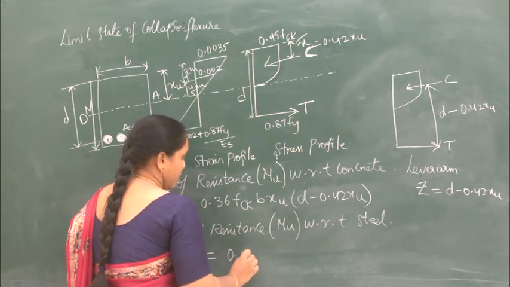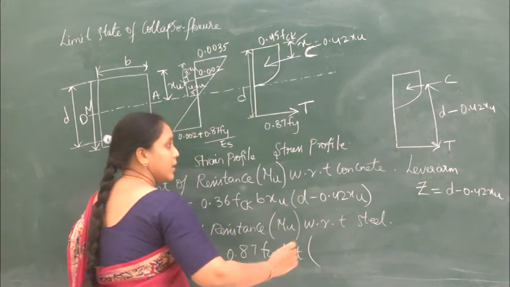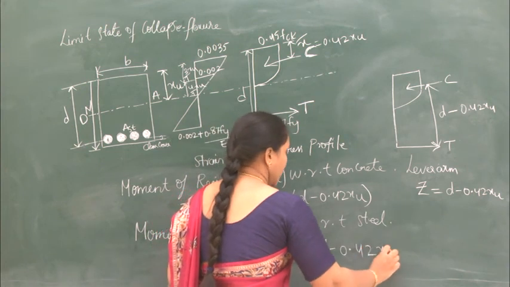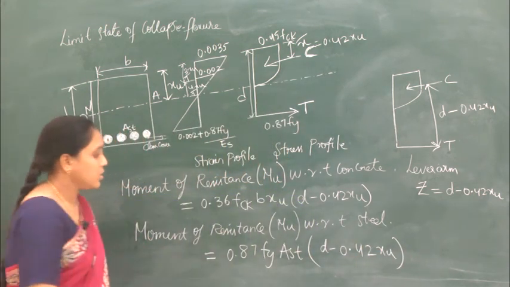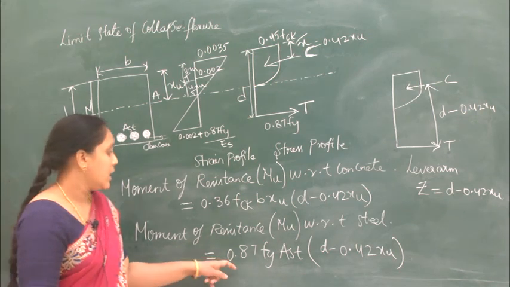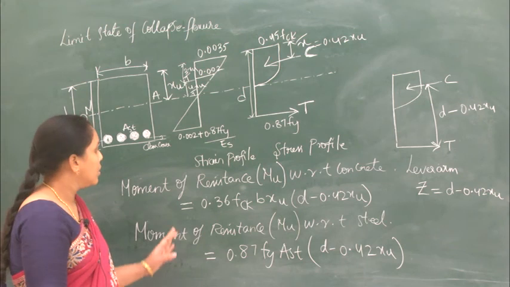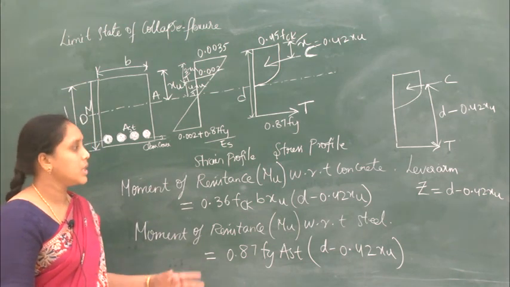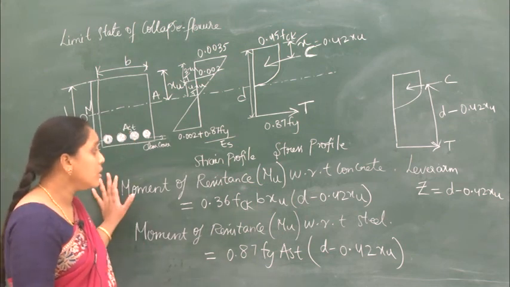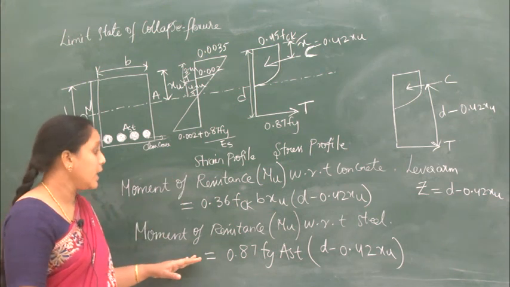It is 0.87 Fy into AST into the lever arm, D minus 0.42 XU. So this is the equation for the moment of resistance with respect to steel, that is 0.87 Fy into AST into D minus 0.42 XU. These are the basic equations, and from these equations you can derive the other equations also. These are the basic equations for moment of resistance with respect to concrete and steel.